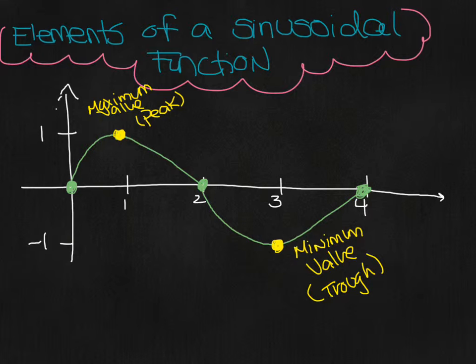Now, if we look at our periodic function and draw in a dashed line that cuts the graph in half horizontally, we actually call this line the equation of axes.